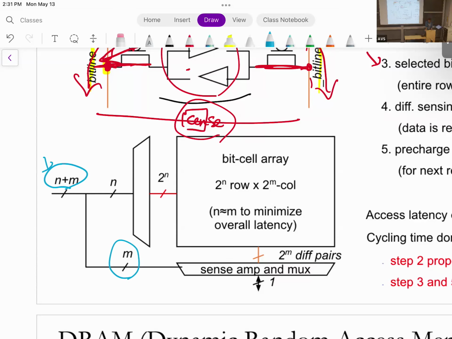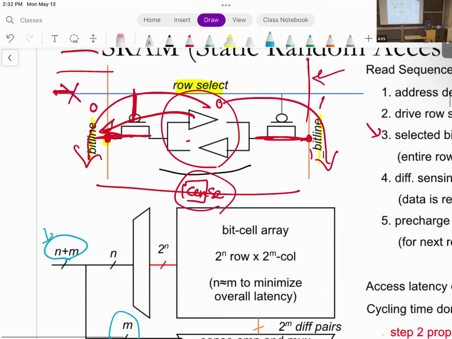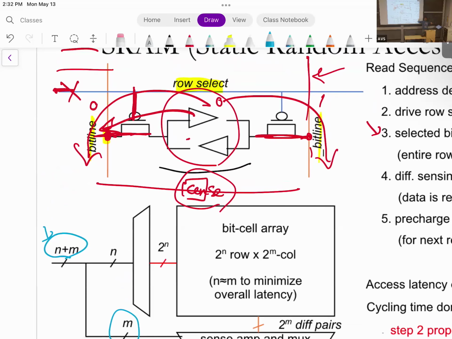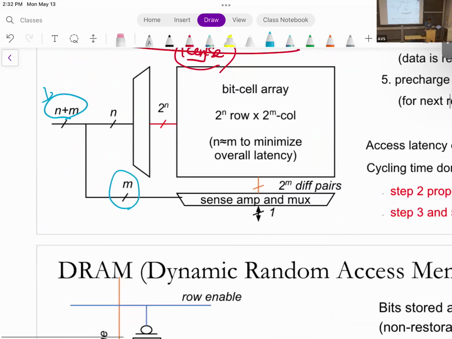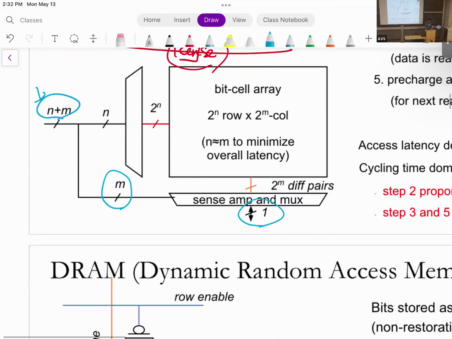And usually we do it squarish so that you don't want a big bit line or a big row line. And then if you want to read m bits at the same time, you need m of these bit lines, m of these sense amplifiers, and so on and so forth. Okay, so you get that and you get the final value as you want.